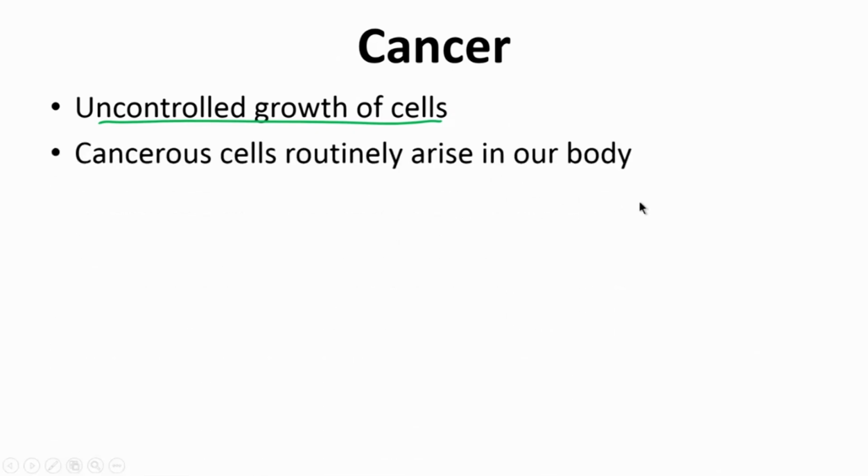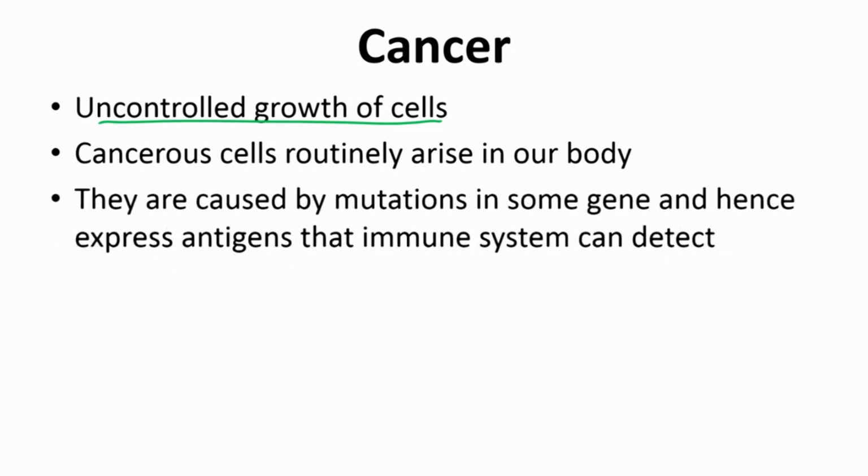These cancerous cells actually routinely arise in our body. So, right from your childhood all the way to old age, we have these sporadic cancer cells coming up again and again. The reason they come up is that they are caused by mutations in some gene. During replication, maybe one gene gets mutated. Most of the time those genes are at places that are benign, so they do not cause anything. Sometimes those mutations lead to a dysfunctional cell and the cell just dies.